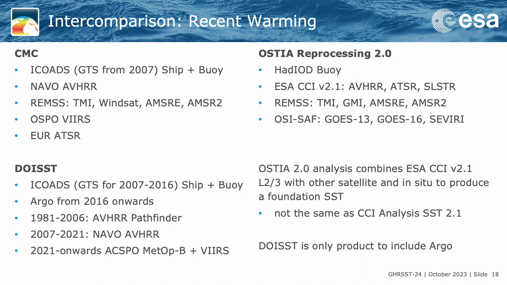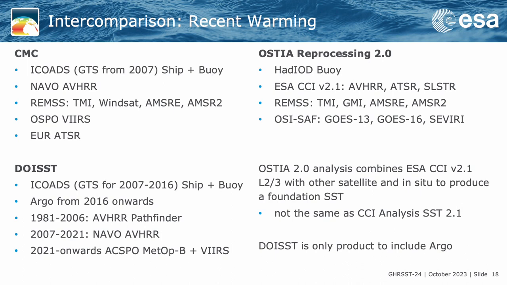DOI SST was based on AVHRR data up until October 2021 and the failure of METOP-A, after which it starts using VIIRS. Both CMC and OSTIA reprocessing use microwave SSTs from remote sensing systems, along with AVHRR, ATSR and other infrared sensors.